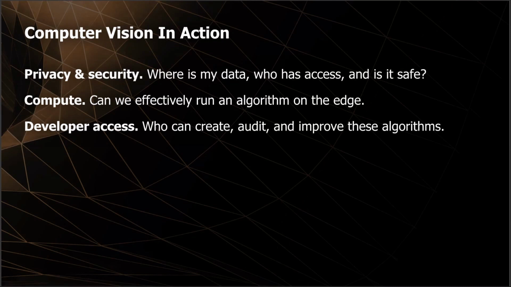Data locality is huge. Now you're not sending it to the cloud. And what is the cloud after all? It's a computer connected to the internet sitting on someone else's property. So if we can avoid sending it up to the cloud, then this is a possible way to achieve better privacy and security for our data.